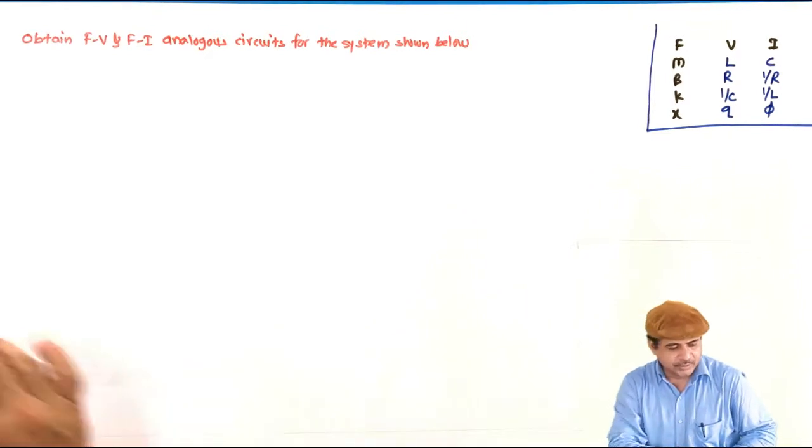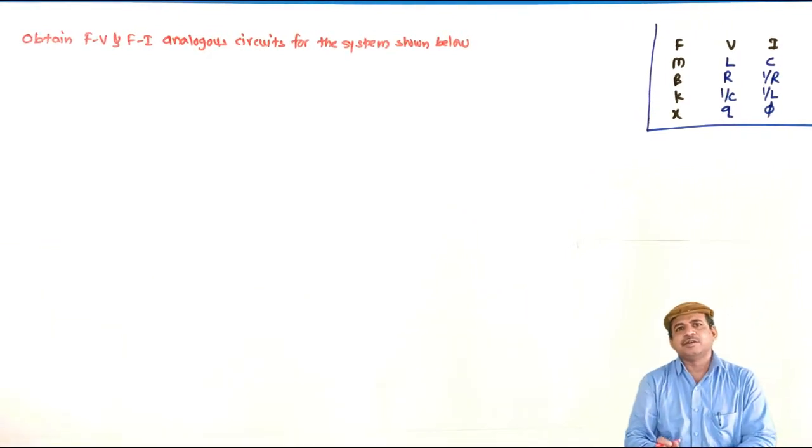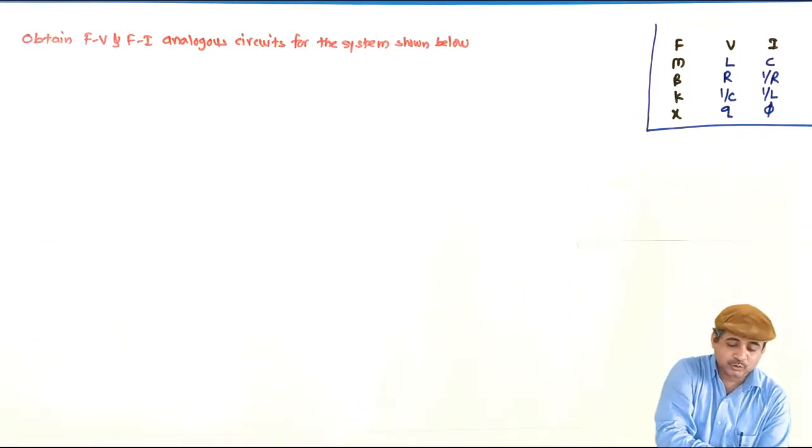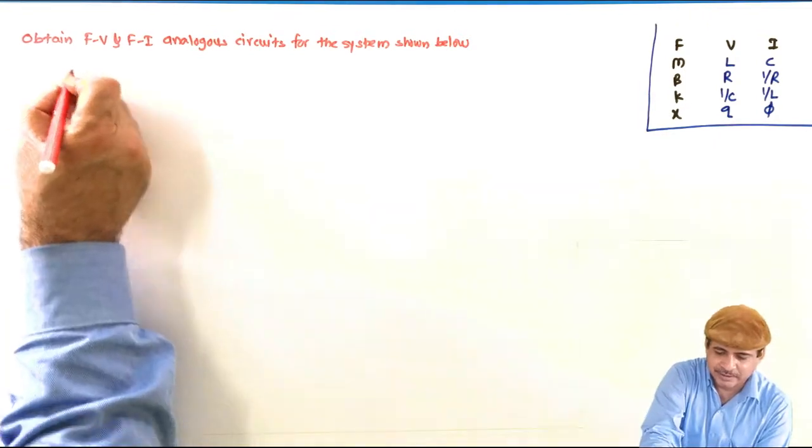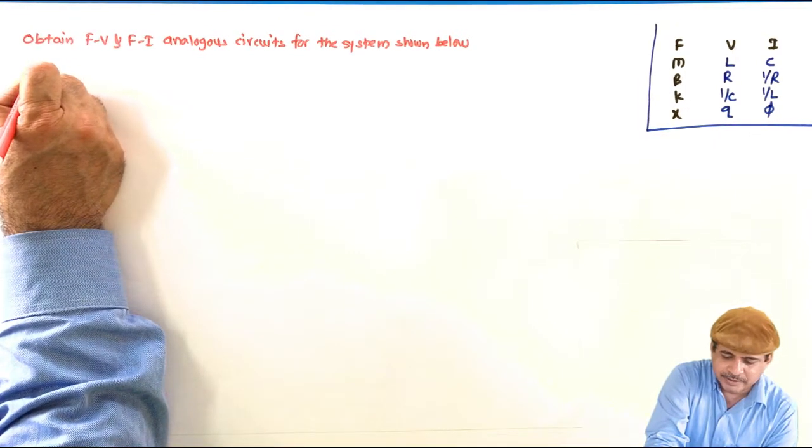So the system given is now having two forces, so it will have two sources as well in the equivalent circuits.